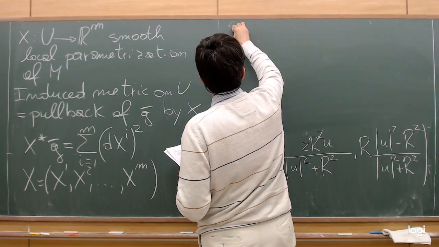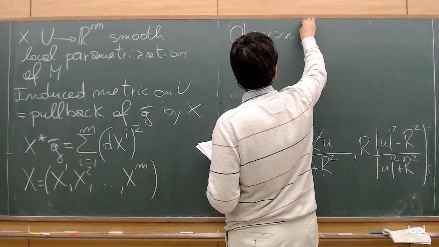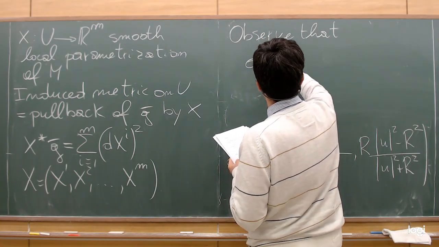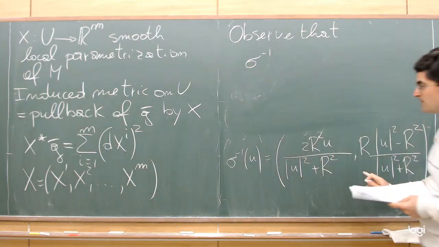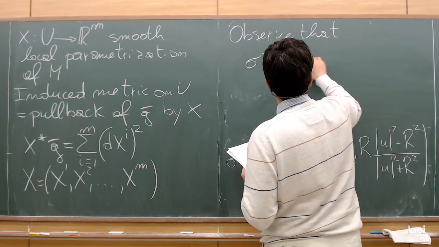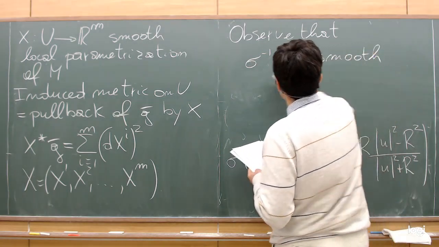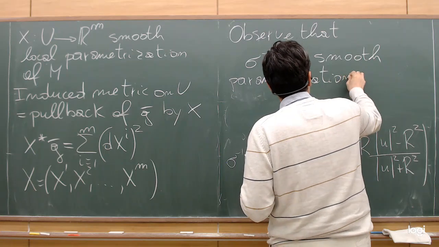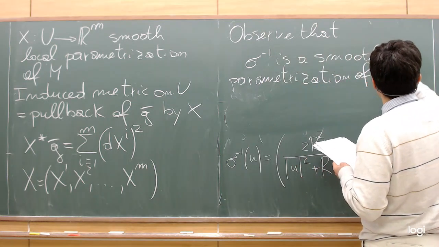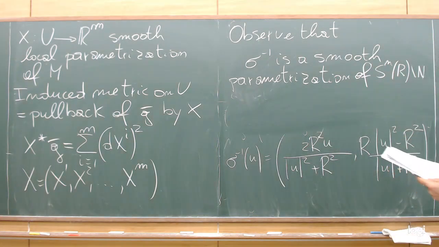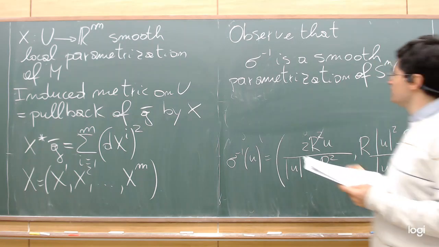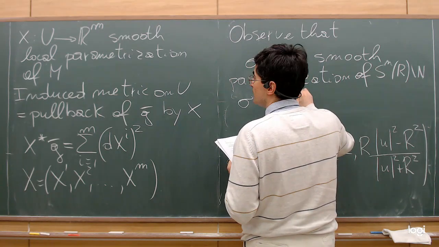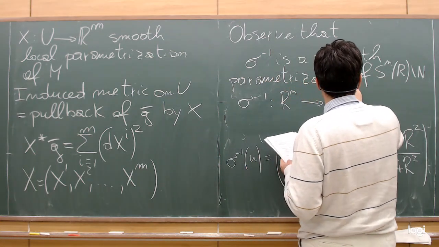Let's observe that sigma inverse, which is this map here, is a smooth parametrization of S^n(R) minus N. Sigma inverse goes from Rn to R^(n+1).